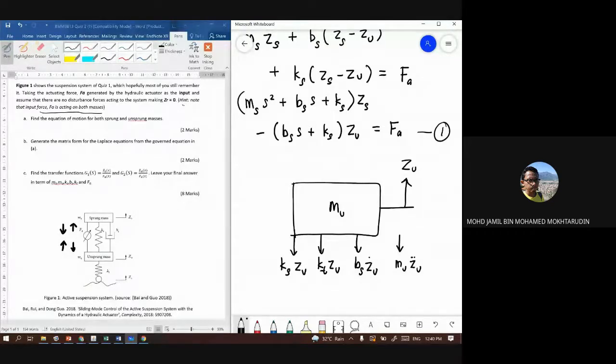And then we have the effect of Ks and Bs from the sprung mass, so Ks Zs and Bs Zs dot.